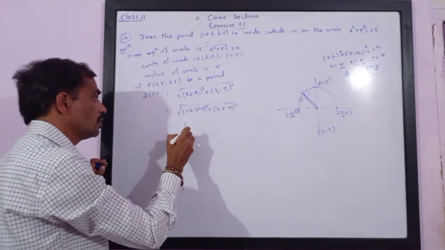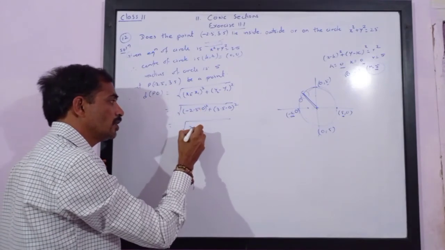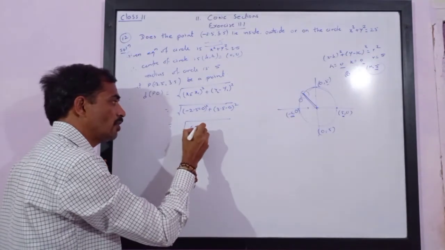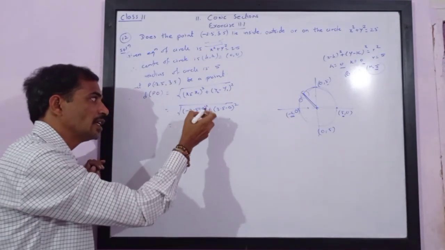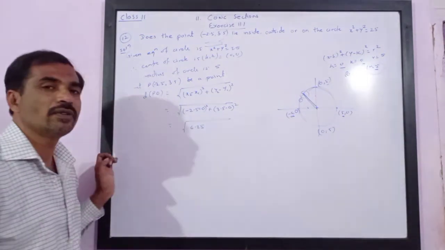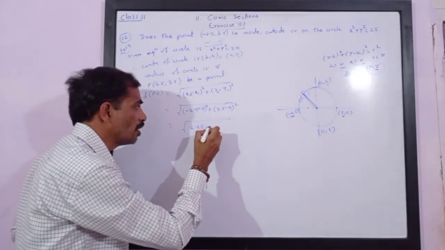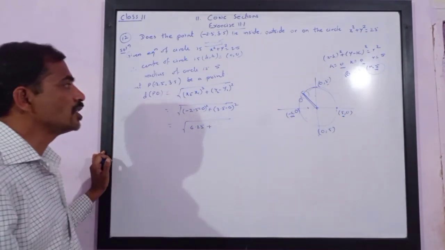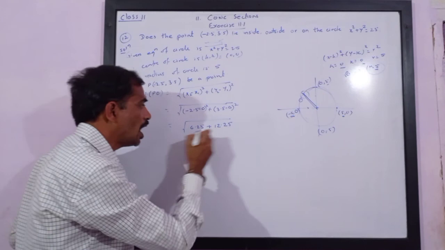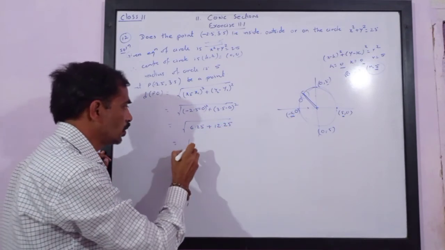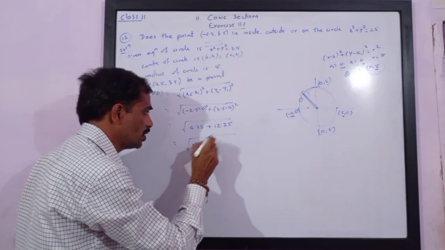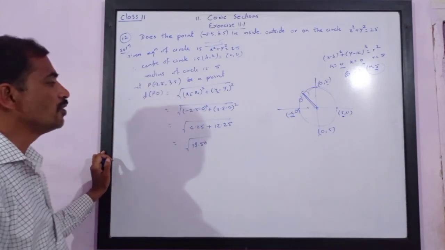So this is equal to 2.5 bracket square is 6.25. Please note, the positive sign exists because of squaring the negative sign. Negative into negative is positive, so this will be 6.25 plus 3.5 bracket square, which is 12.25. Now if you add, this is equal to 18.50, so it is square root of 18.50.